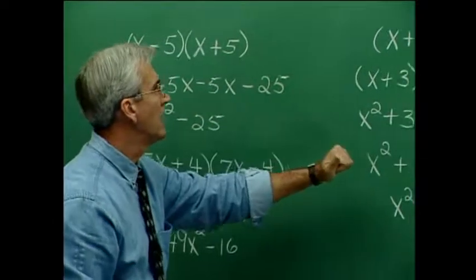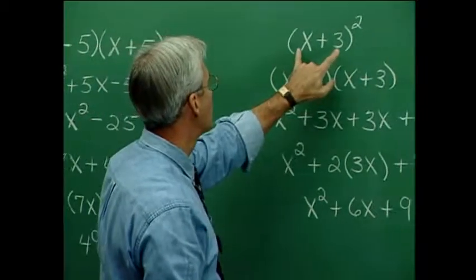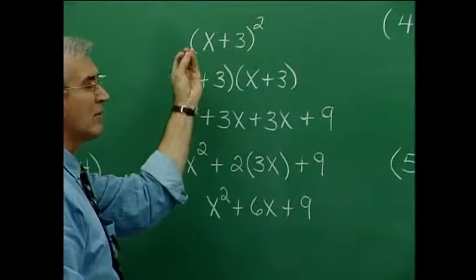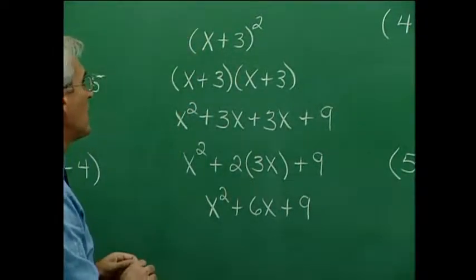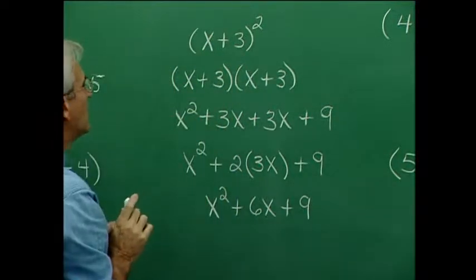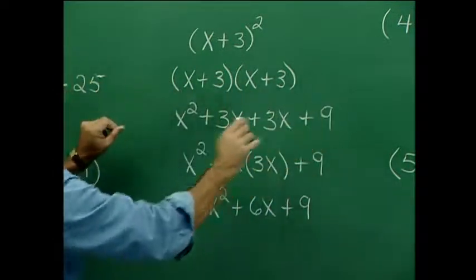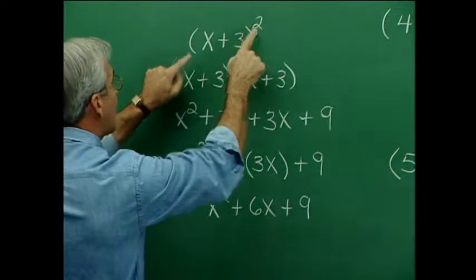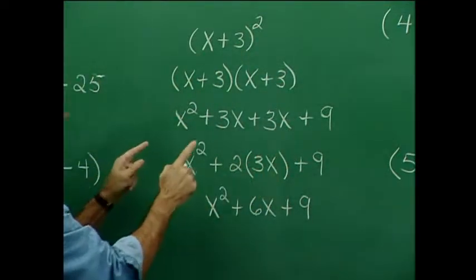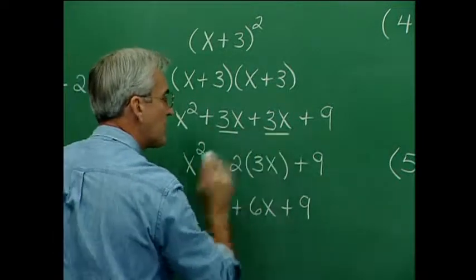Here we're squaring, and notice we have the sum of 2 terms squared. Now it turns out that sum and difference behave in pretty much the same way. But we want to examine the fast way of squaring a binomial here. Now, I'm taking the long route right here. We have two factors of x plus 3, and we use the FOIL method to multiply. But notice that these two terms are exactly the same.